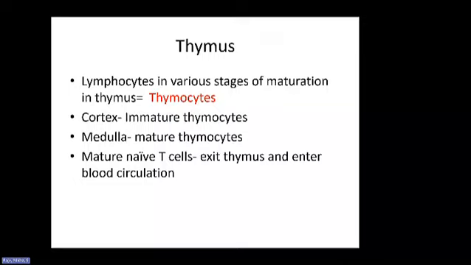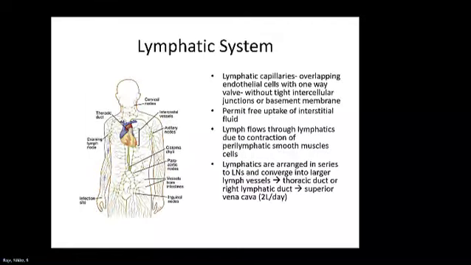These are immature thymocytes that come into the cortex, and as they go through the cortex, enter the medulla, and by the time they come out of the medulla, they become mature. In the medulla, there are still thymocytes that undergo various stages of maturation, and at the end of that maturation, the naive mature T cells exit the thymus and enter the blood circulation.